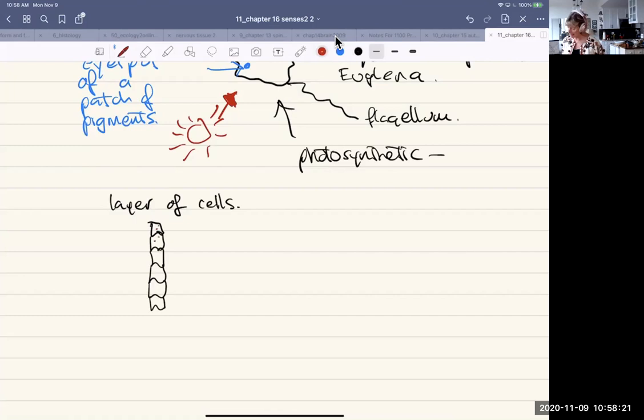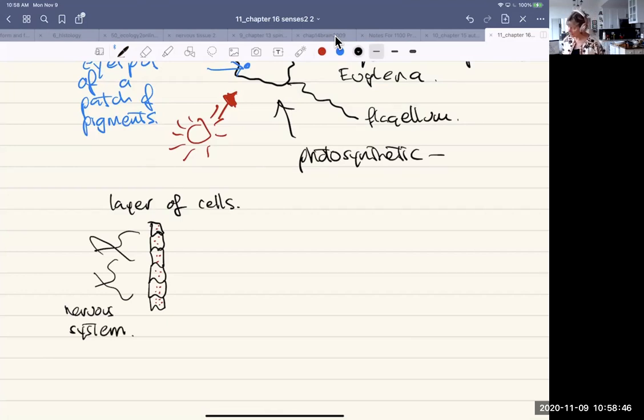And these cells have pigments. And these cells can alert an organism's nervous system about the direction of light.